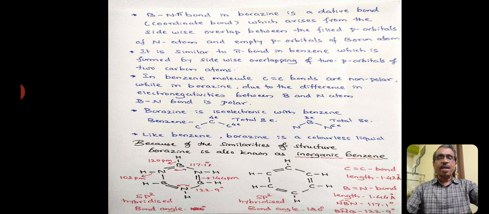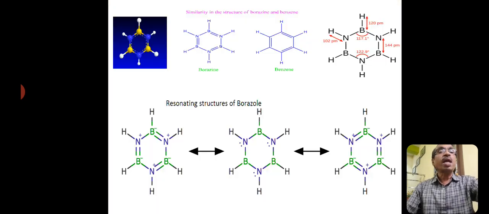The nitrogen atom contains 5 electrons and the boron atom contains 3 electrons, 5 plus 3, total 8 electrons. Like benzene, borazine is a colorless liquid. Because of the similarities in structure, borazine is also called inorganic benzene.